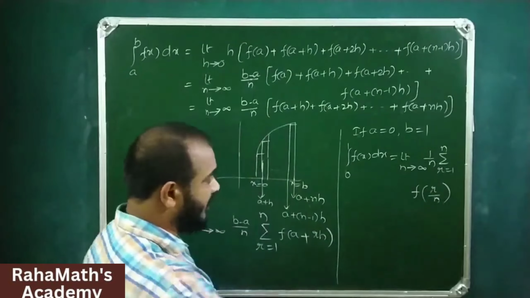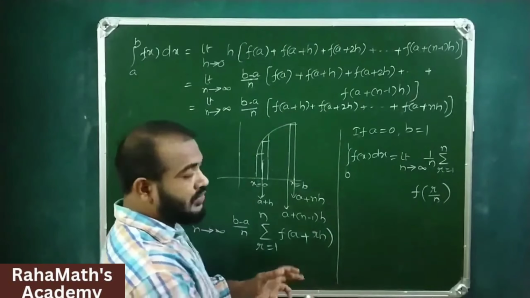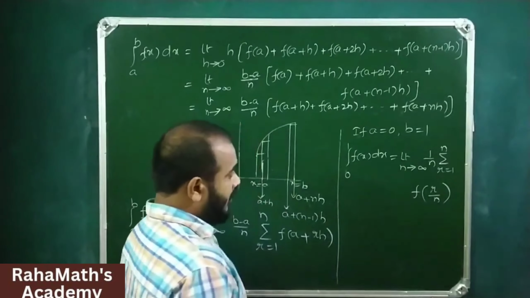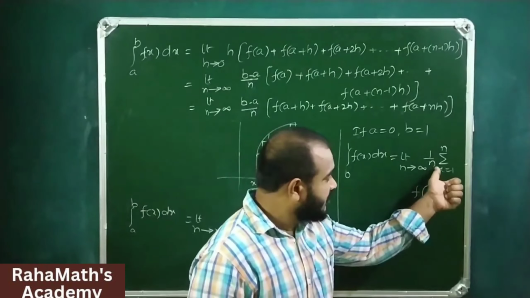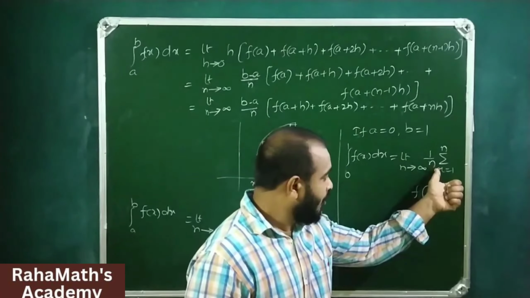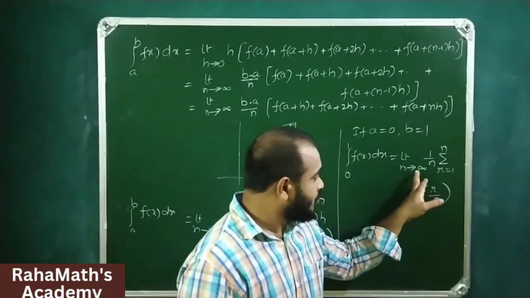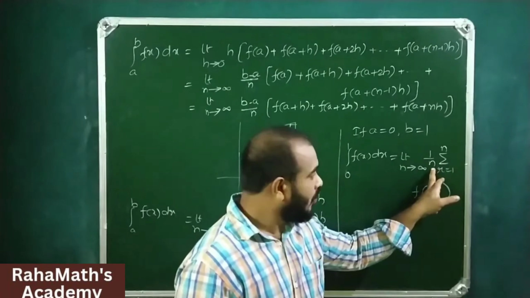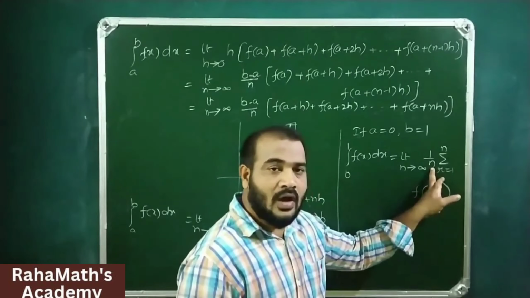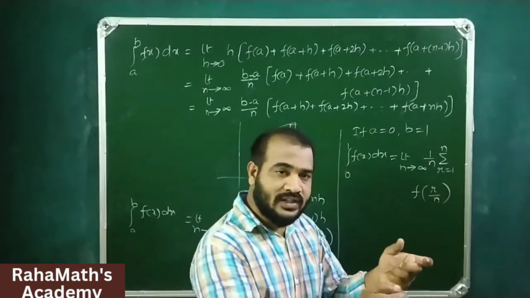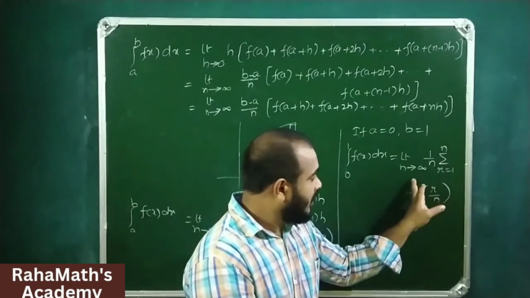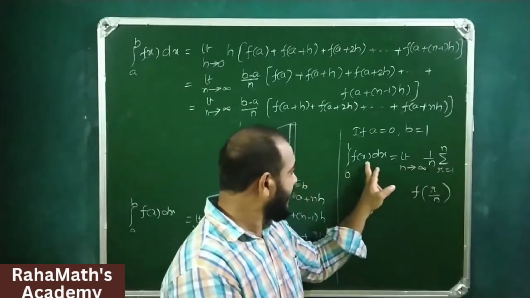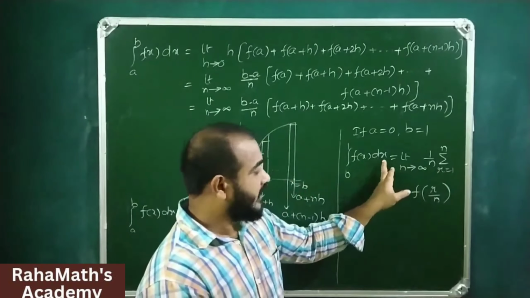So if we see, then actually a few things we can notice. What is that? As limit n tends to infinity, 1 by n tends to 0, so it is approaching 0, a very small quantity in the limit notation, which here can be dx.